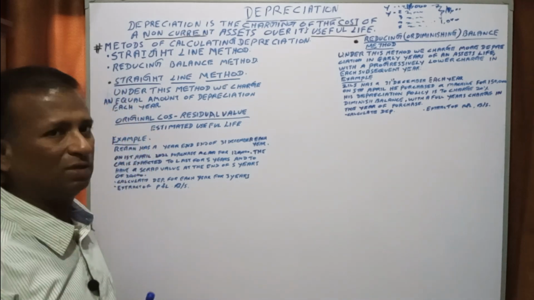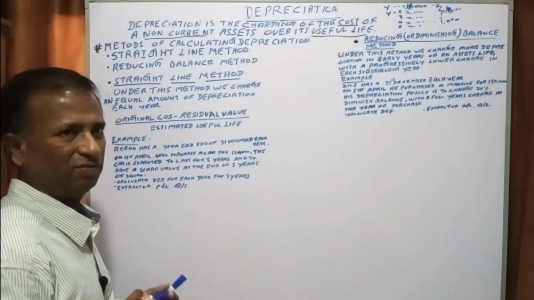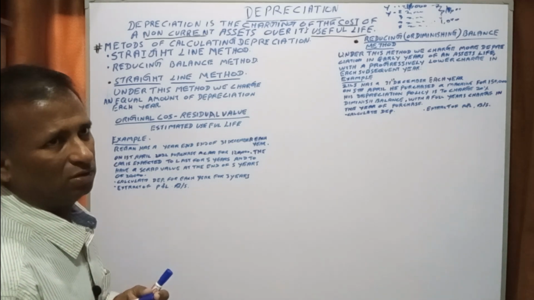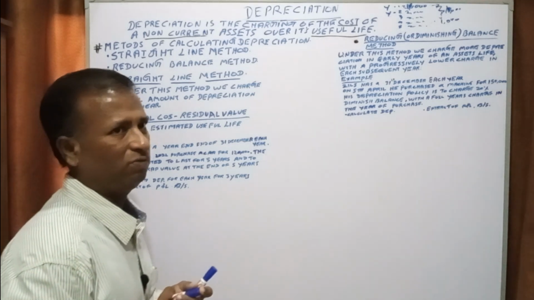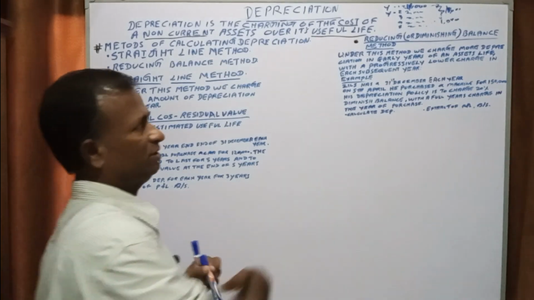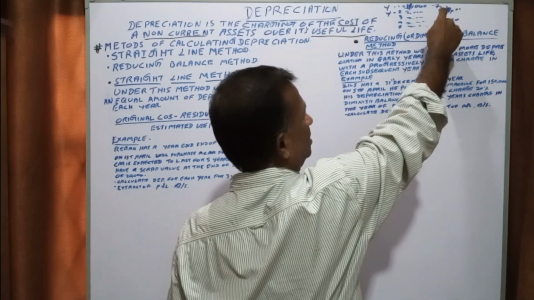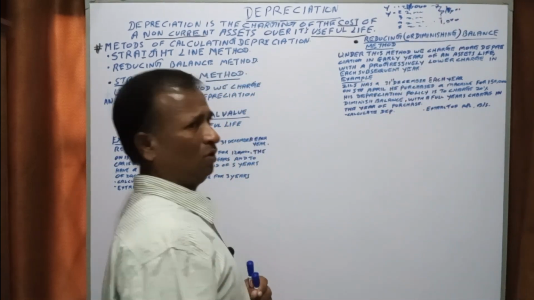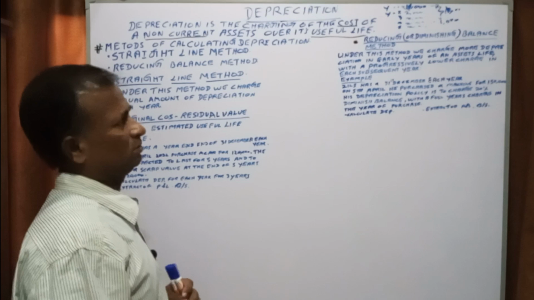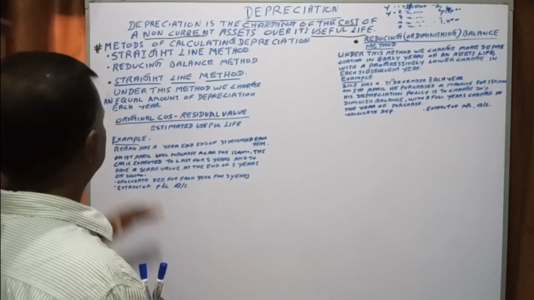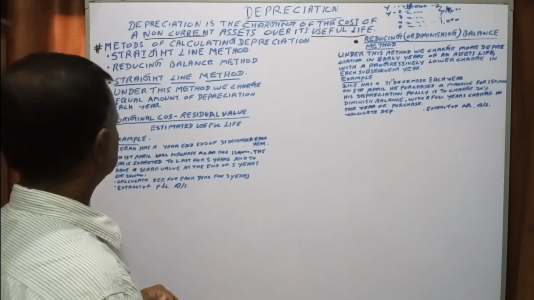So 10,000, and at the end we will have 1,000 as a scrap value we can sell it. So each year the accounts show a reasonable value of the non-current assets. So that is the straight line method, I think.